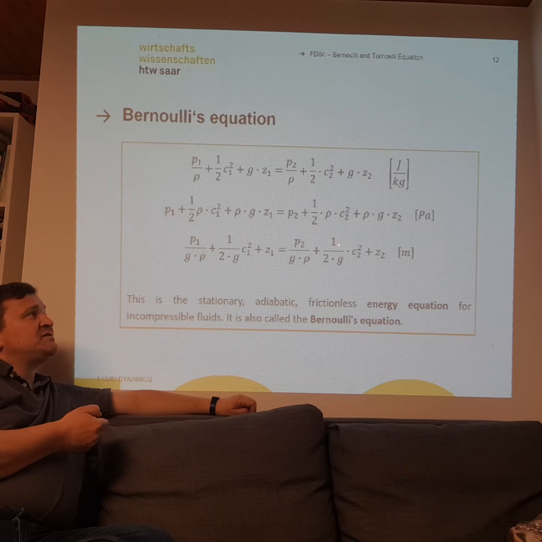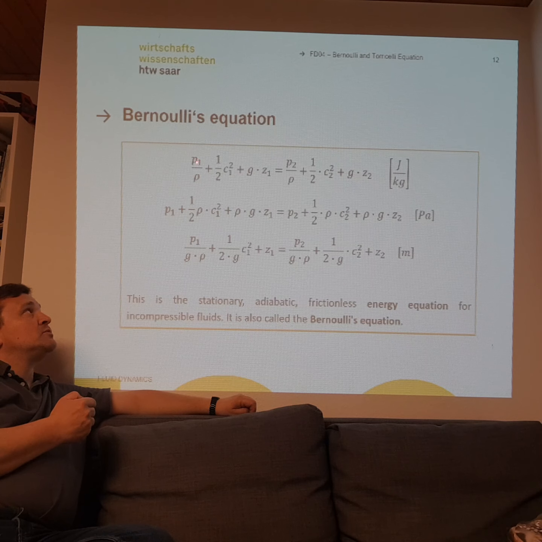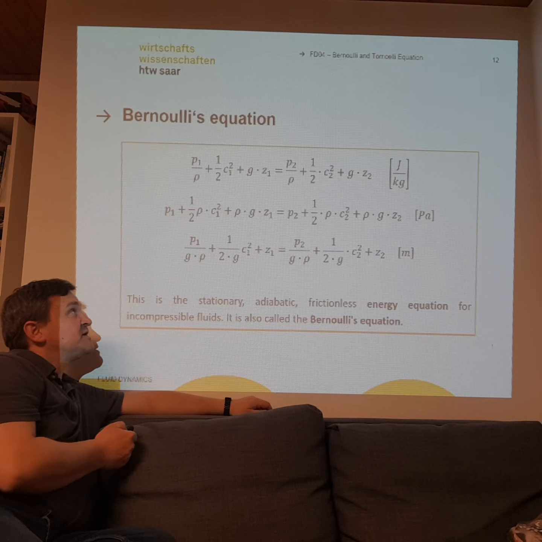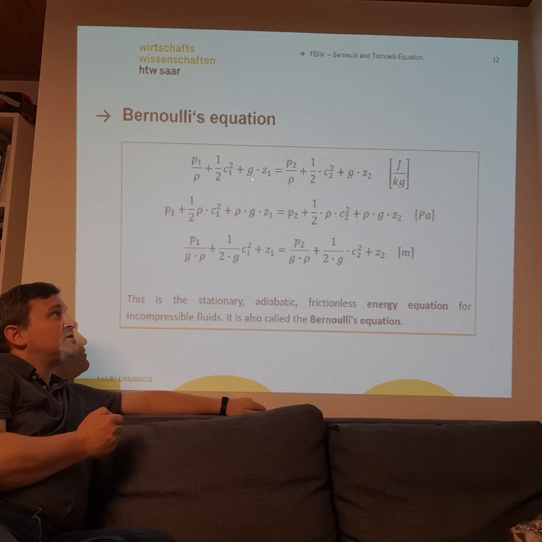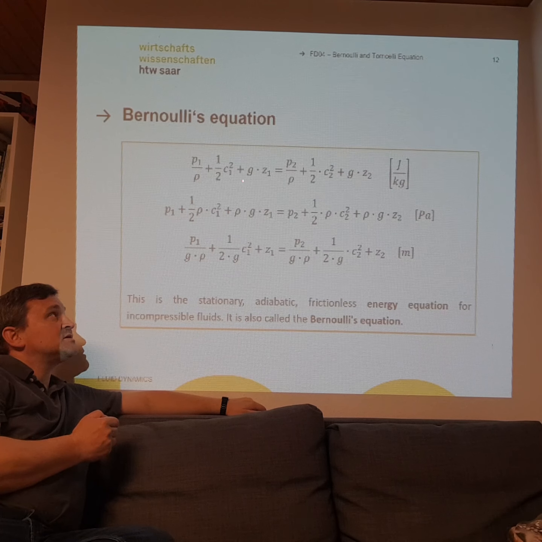You have your specific energy, joules per kilogram, on the left side. So pressure divided by density is a specific energy, velocity squared divided by two is a specific energy, and gravity constant times height is a specific energy.